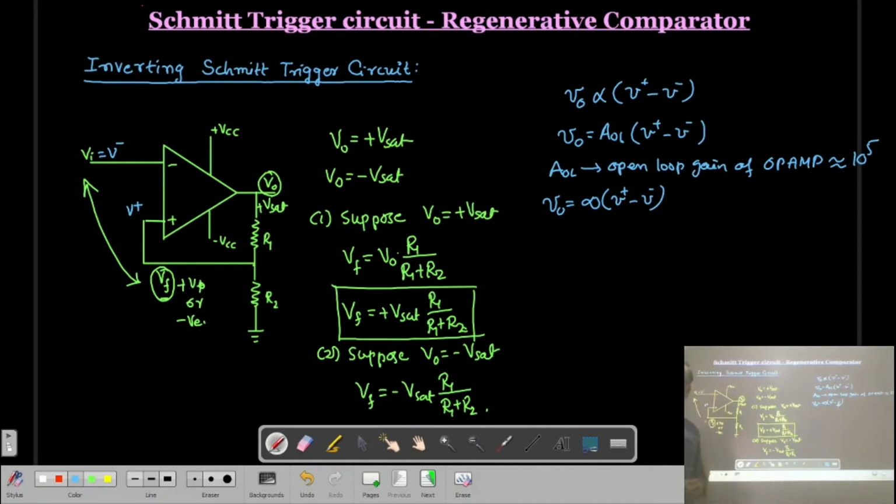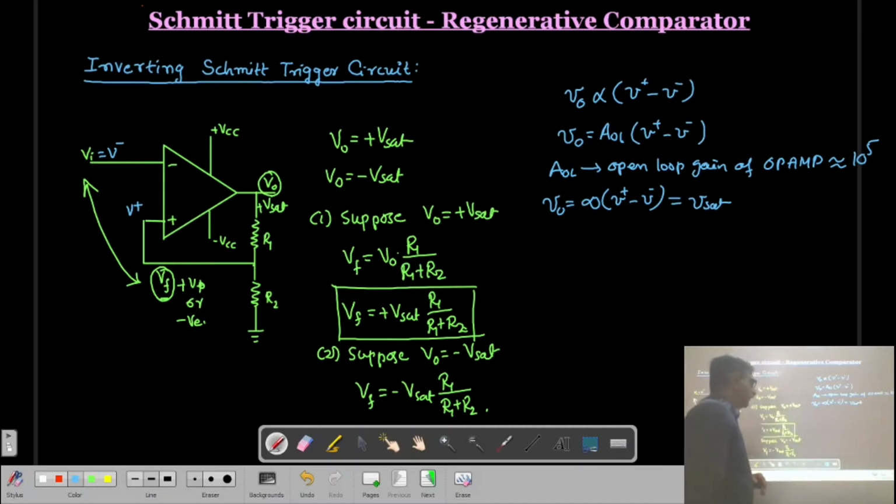But we know that the output voltage of the op-amp cannot be infinite, but it is very high, and we can say the op-amp is in saturation mode. So the output voltage will be the V saturation voltage, which is approximately 90% of your supply voltage.